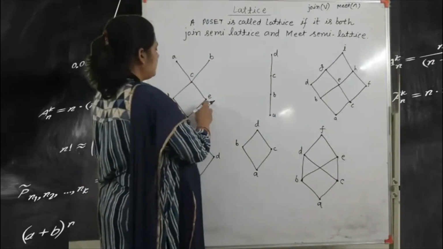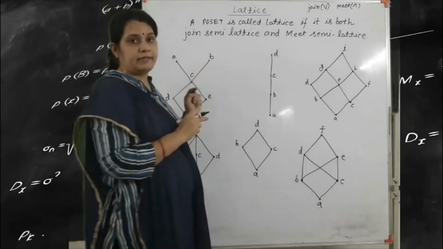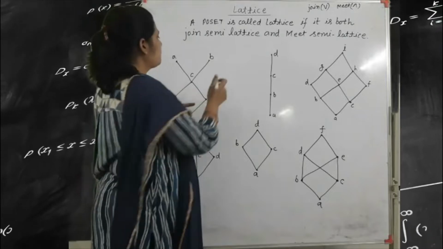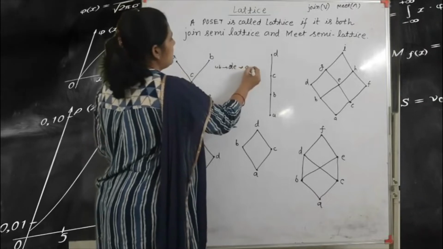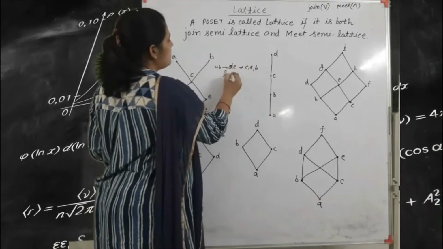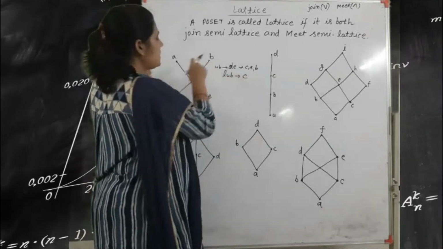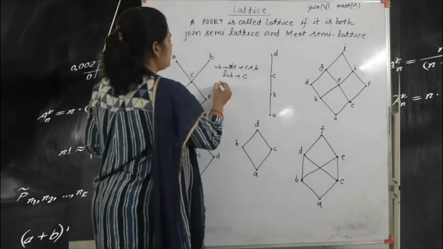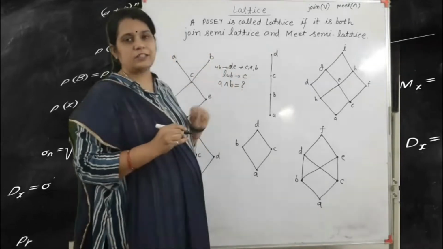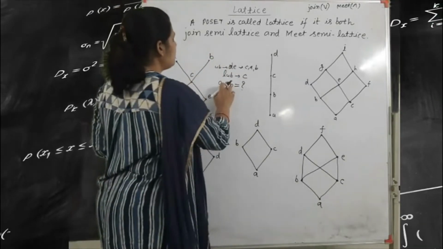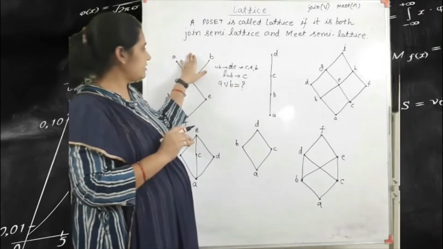So for D and E, the upper bounds of D and E are C, A and B. But the least upper bound is C. But according to A and B, that means A join B is not present according to your diagram. So A join B is not present here.